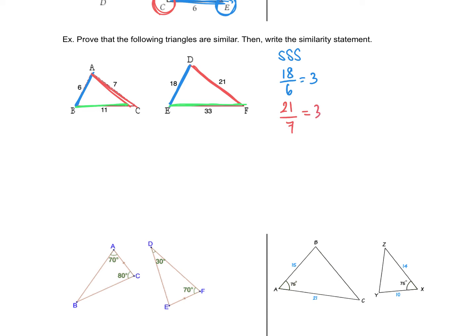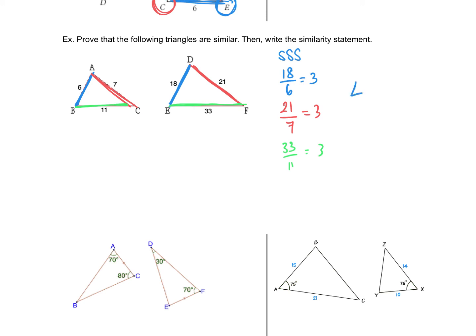Same factor. And 33 divided by 11 is also 3. So when you do that, you're proving that each of those numbers in triangle ABC were all multiplied by 3 to get the other one. You can't have one side being multiplied by 3, the other by 2, the other by 4. If that were to happen, these are not similar triangles, but these do match.